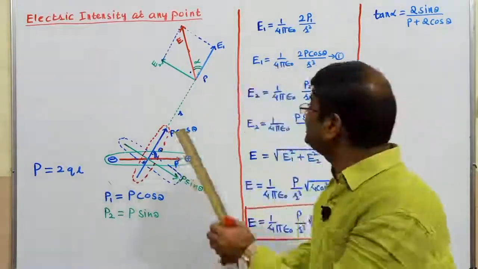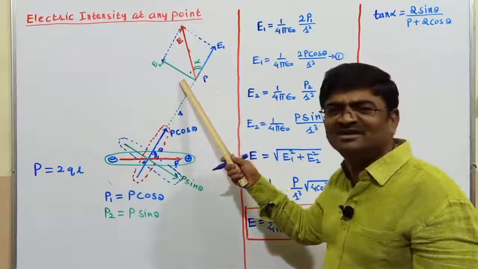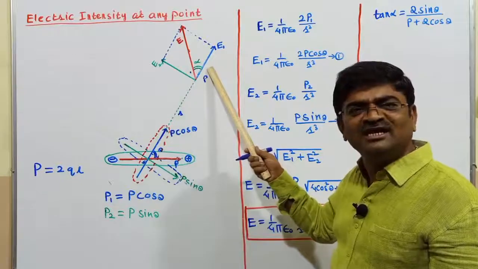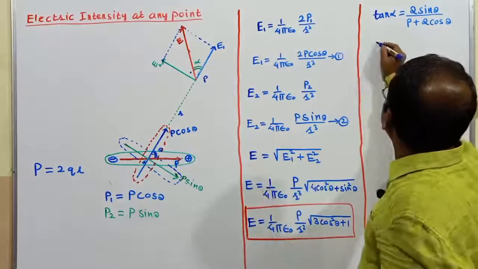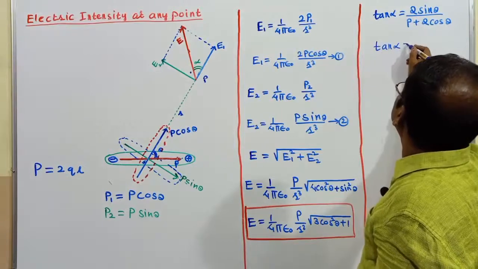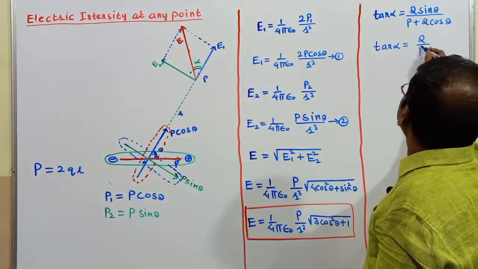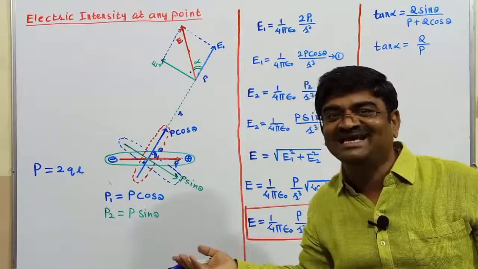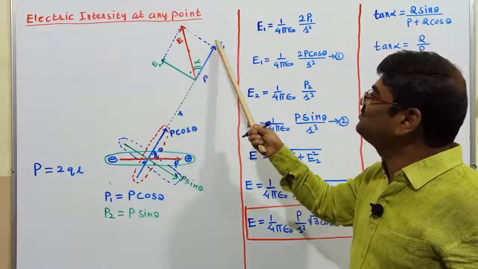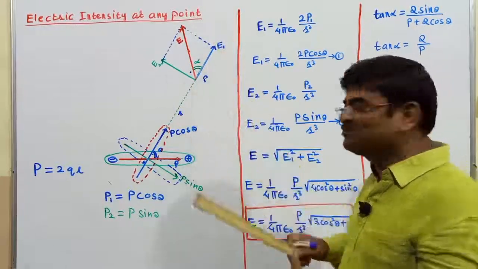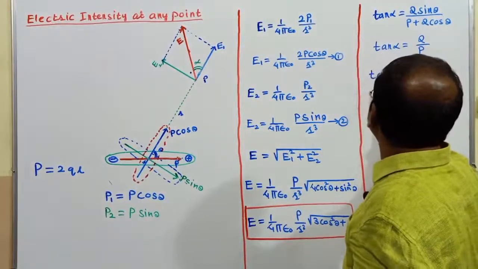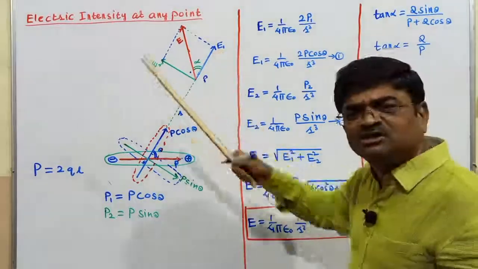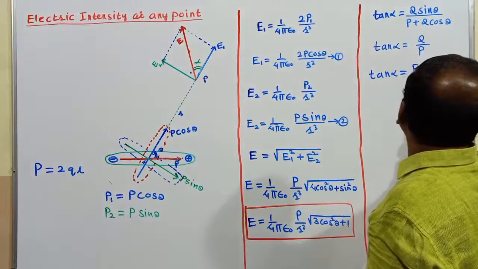In case theta is 90, I mean, if angle between these two is 90, so I can write then tan alpha equals to Q by P. This you write in case if the alpha is angle made with the P. This is your P now. E1 is your P. So for the present scenario, I can write tan alpha equal to, if this is P, Q is E2. You can write E2 by E1.